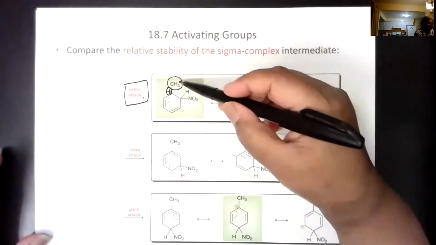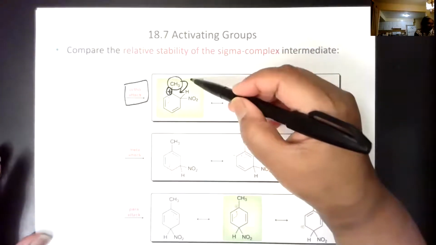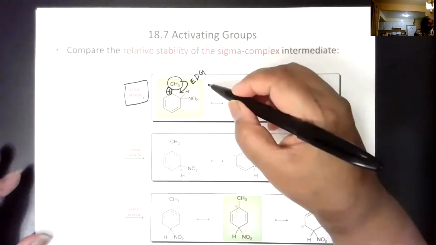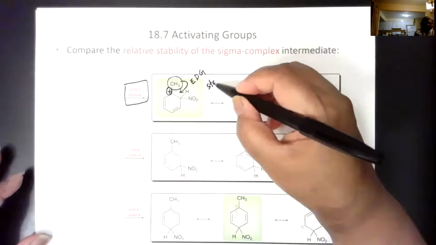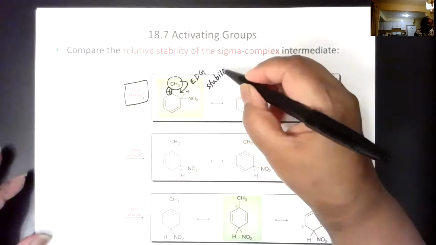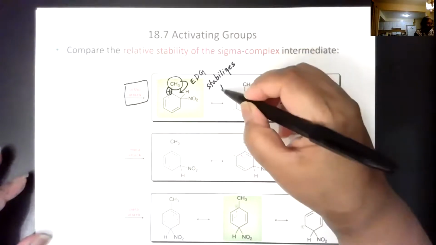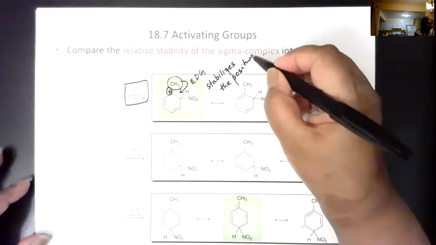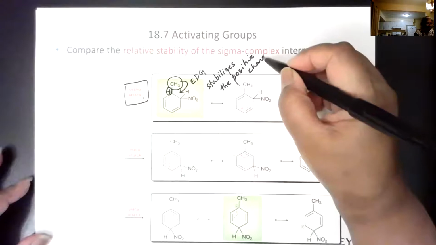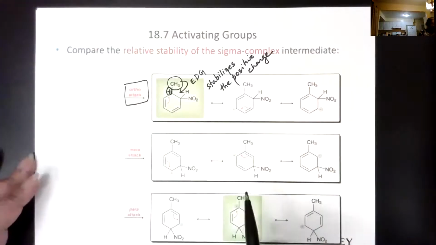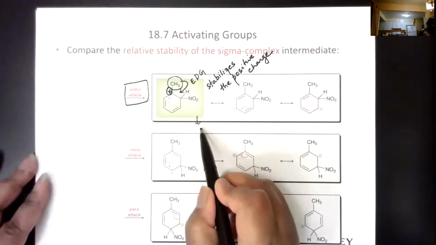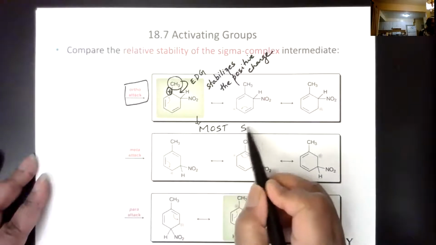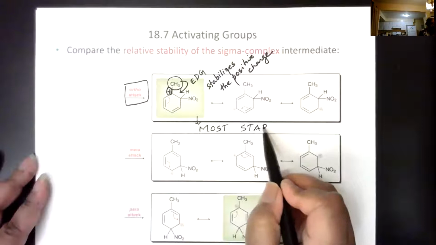And because this is electron donating, it stabilizes the positive charge, and therefore makes that resonance structure more stable. Of the three, this structure is the most stable.